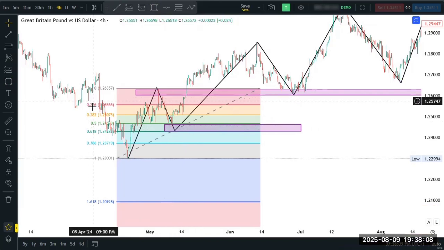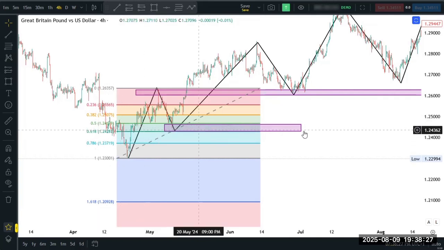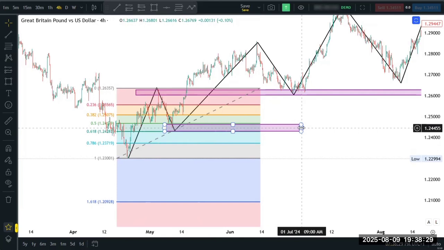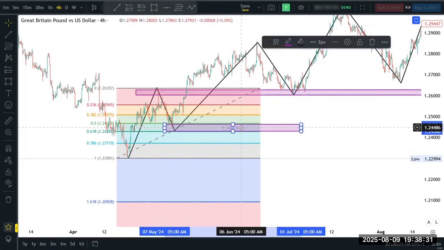Sometimes it can return at the 23% or 38%. It can return at 50, it can return at 61, it can return at 78%. But what we are noting here is in most cases, you will see it is between the 50 and 61% retracement level. And that is why they call that zone the golden zone in Forex trading.